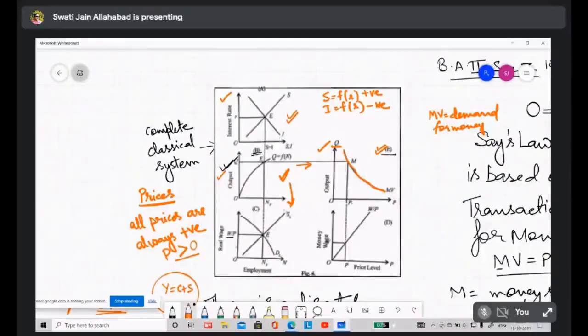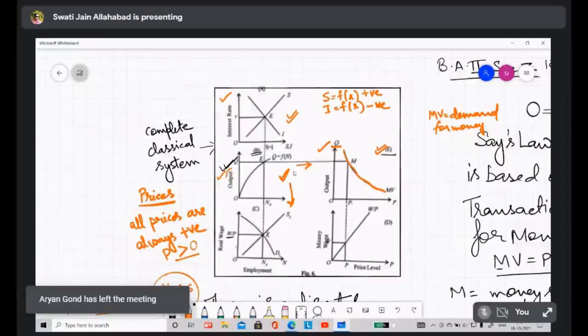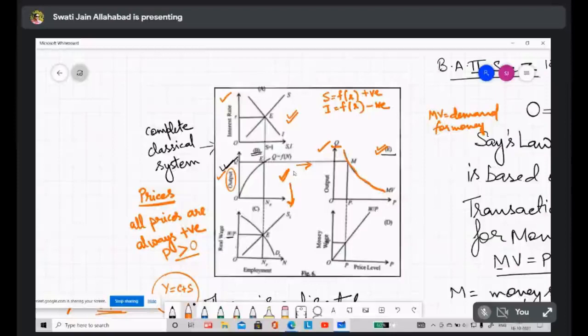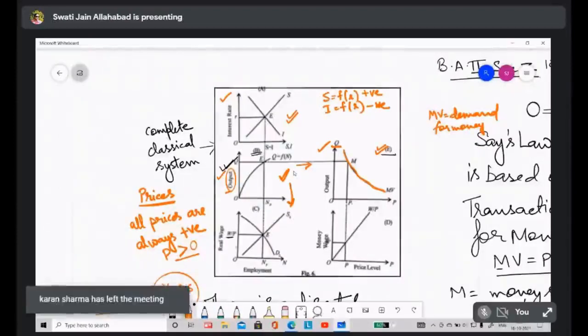As the output level increases, your savings will increase, and as the output level decreases, savings will decrease. So you should try to understand that all the variables in the classical system depend on the level of output. The most important variable in the classical system is the level of output. Once the level of output is given, all the other variables can be decided.